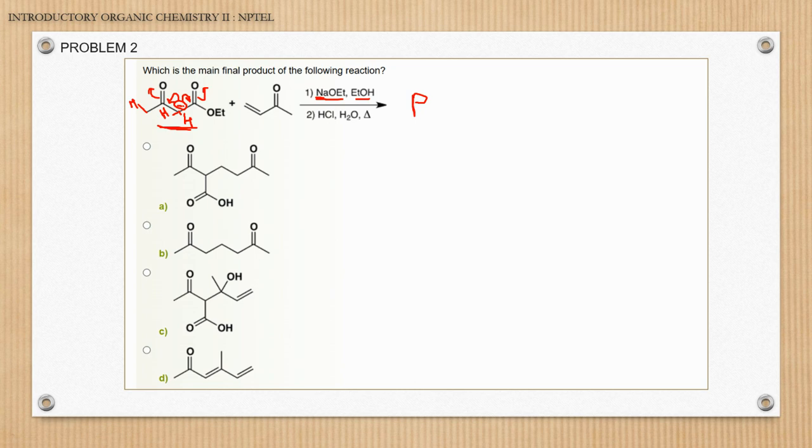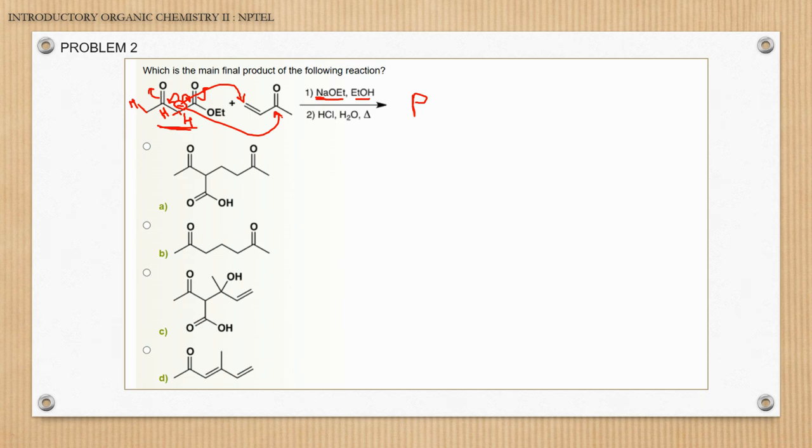Then what happens? It can add to your alpha beta unsaturated carbonyl compound in two ways, either 1,2 addition or 1,4 addition. Can anyone tell me what will happen, 1,2 or 1,4? Which pathway does it favor? 1,4. 1,4 addition.